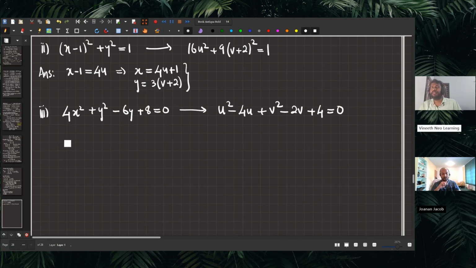Because these are not in the standard form, we have to convert them into standard form. Can we do some algebra? Let me check: 4x squared plus y squared minus 6y plus 8.